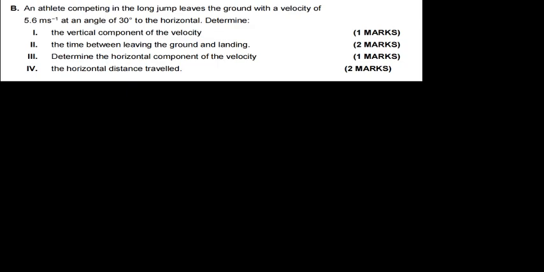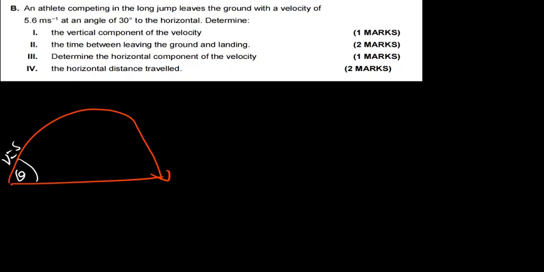So before I even finish the question, this is under case 2. Give me time to explain case 2. Case 2 is a situation where you are standing on the ground and then you throw an object. It goes there, it comes back. So you are going to throw it at an angle with a velocity. In this case, we have been told that the velocity is 5.6.